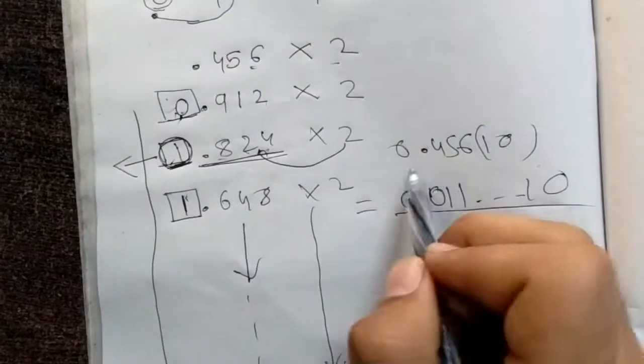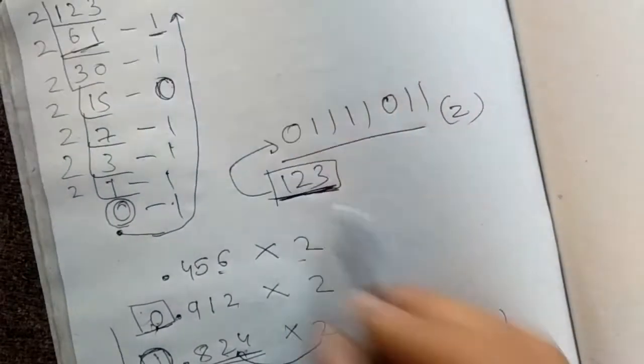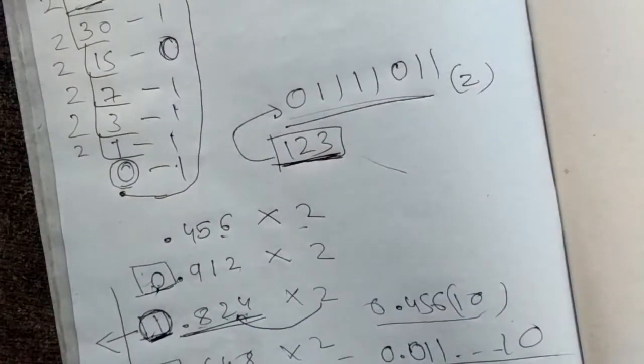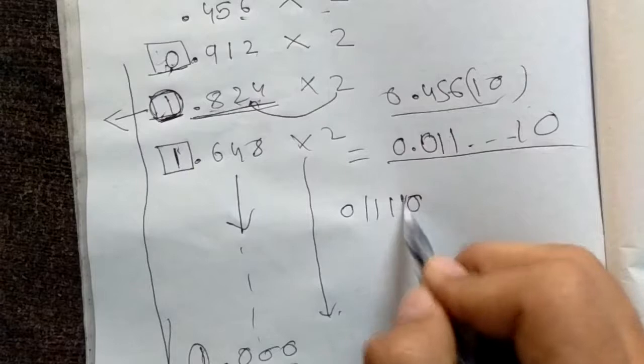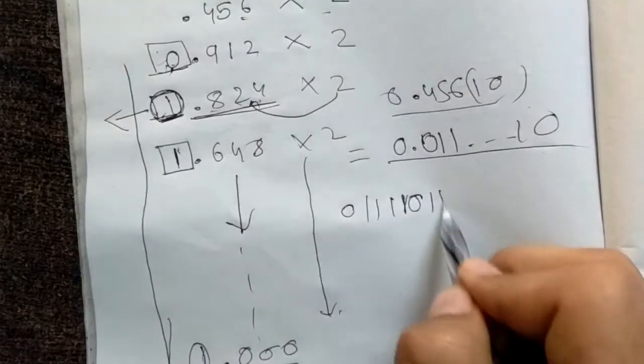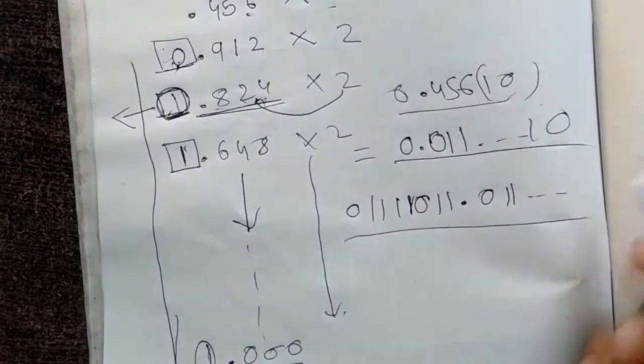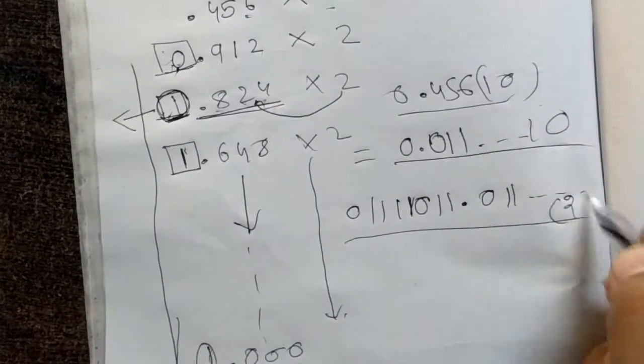This is the number for 0.456. So combined, we want a result for 123 and then 0.456. What we write is 1111011.011101. This is going to be your final number in binary.